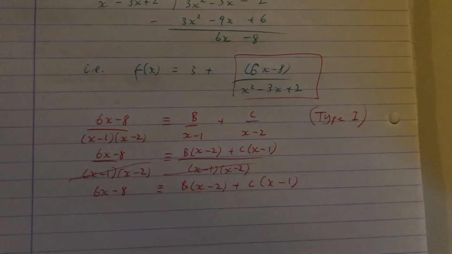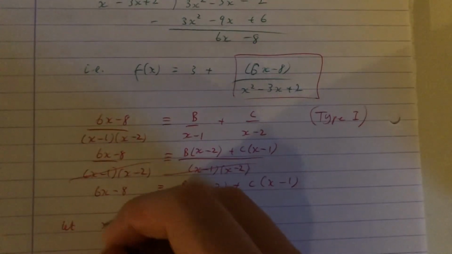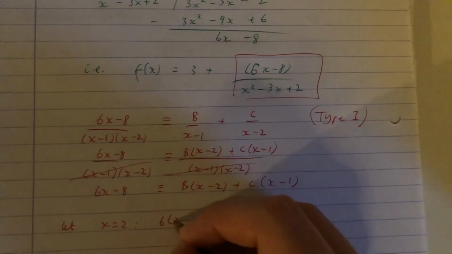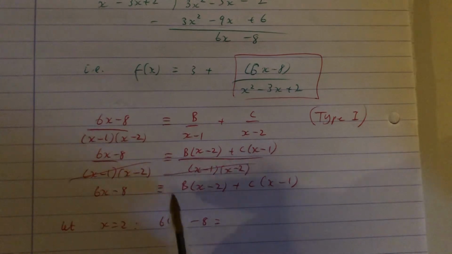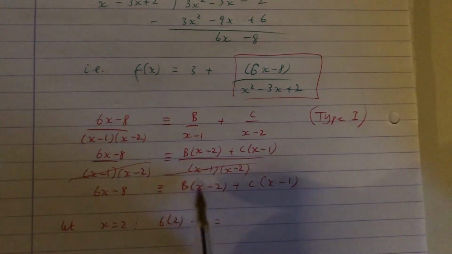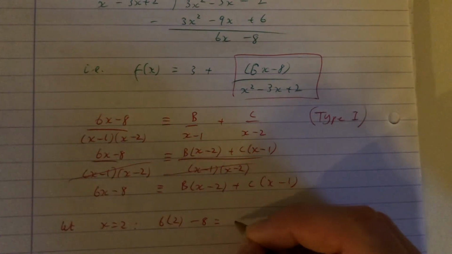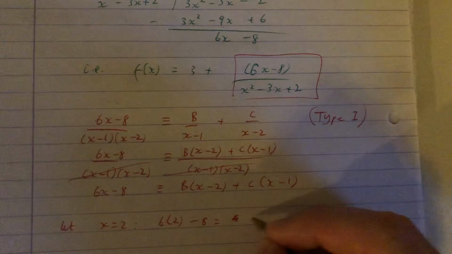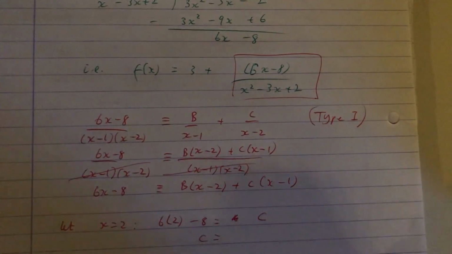So if you pick some specific values, let's pick x equals 2. You'd get 6 2's, subtract 8. Picking 2 is good because this entire term disappears, because you'd get b times 0. And this term would go to just c, to give you c is equal to 12 take away 8 is 4.